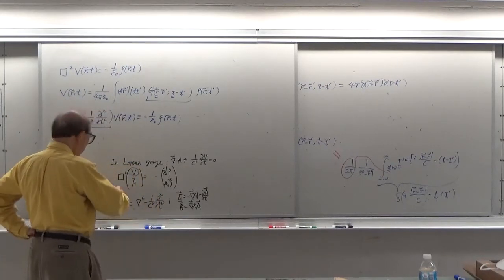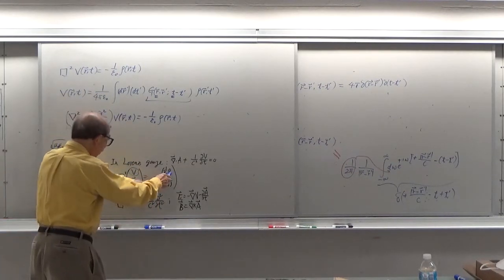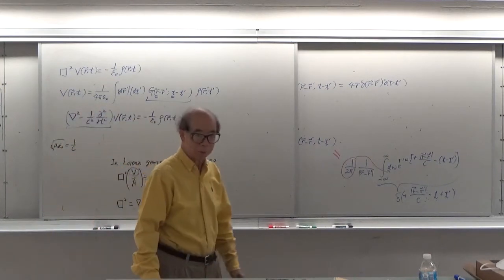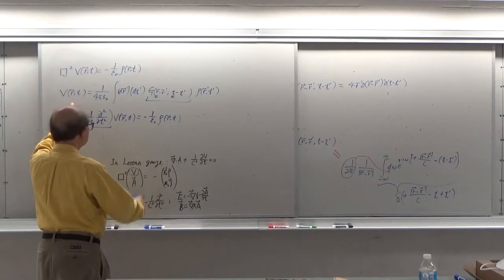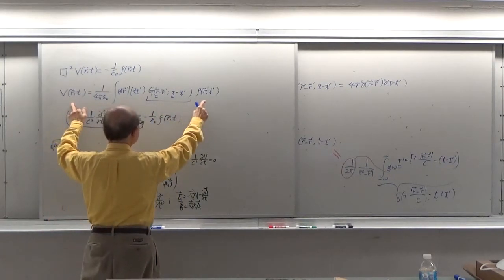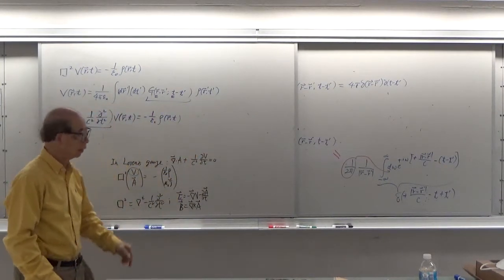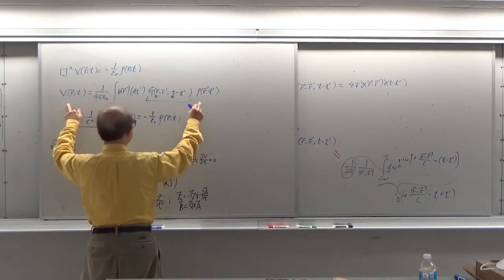Now we noticed that V is linearly proportional to rho, so that prompts us to write V as an integral involving rho, linear, so that V would be linearly related to rho.